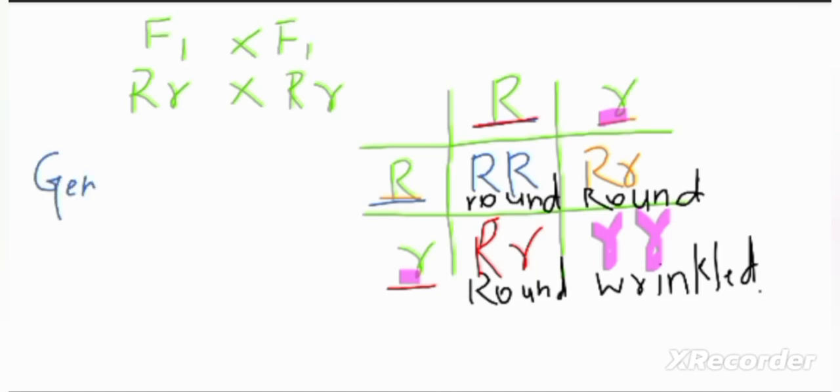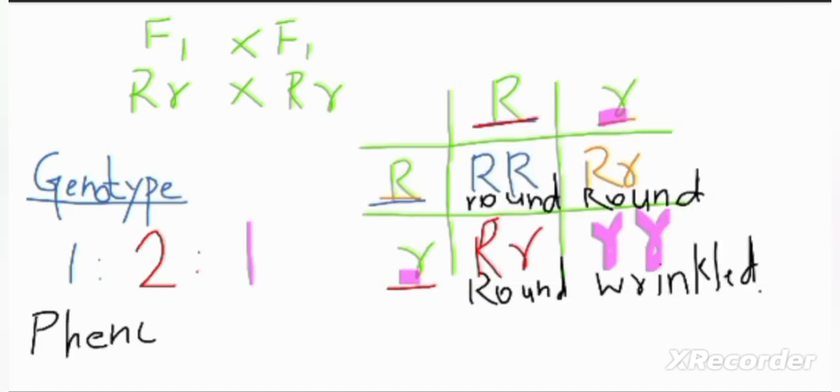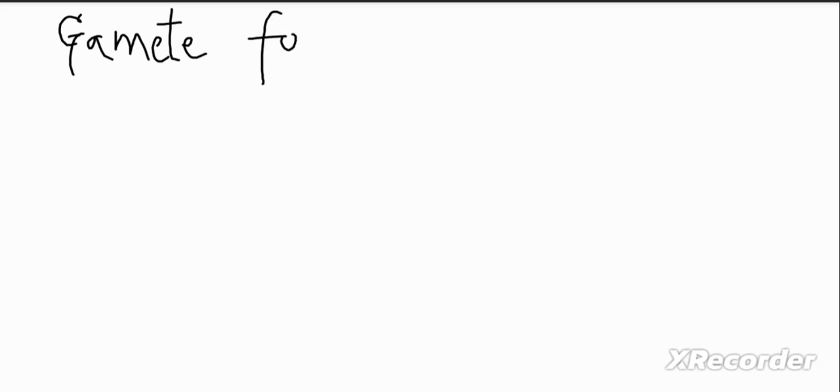Now its genotype should be 1:2:1 because one is homozygous round, two are heterozygous round, and one is homozygous wrinkled. And phenotype should be 3:1 because phenotypically 3 are round and 1 is wrinkled. So you can see here that genotype and phenotype are different. And this is how we predict genotype and phenotype by using a Punnett square.